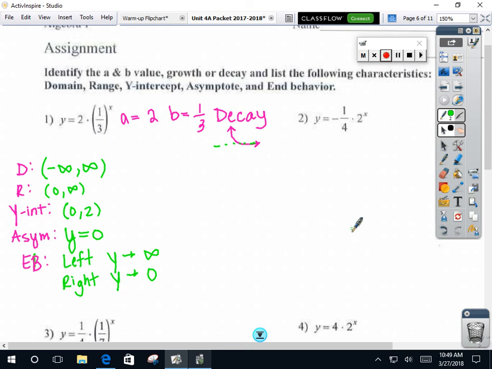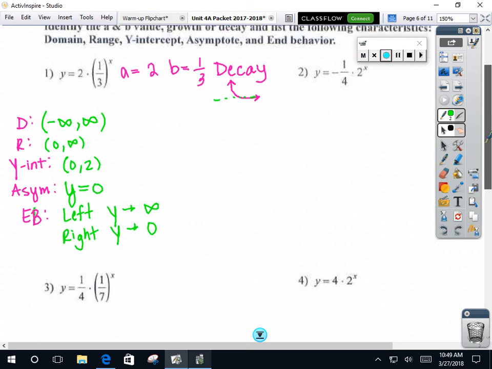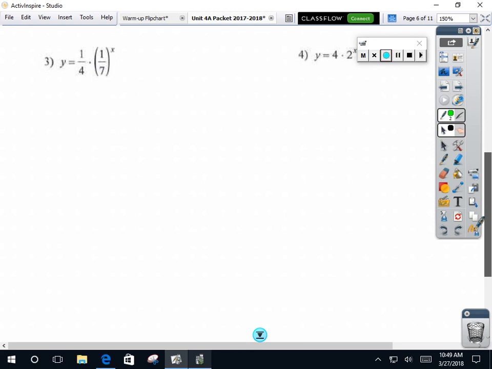Okay, let's try number 3. Go down to number 3. Shh, focus. What's the a value? I don't see a negative. Are you on number 3? 1/4. Chandler, turn around or you're going to have to go sit outside. B is 1/7.